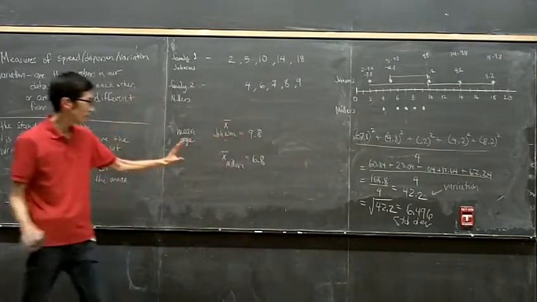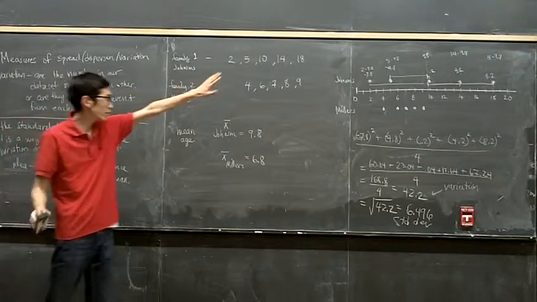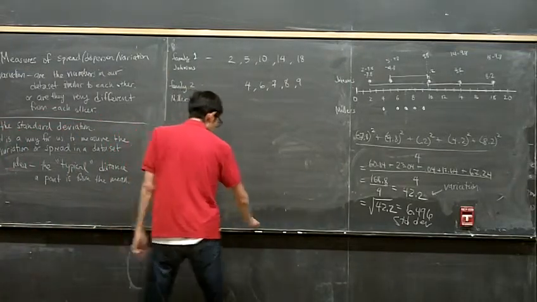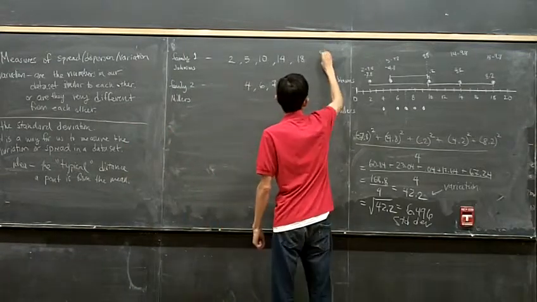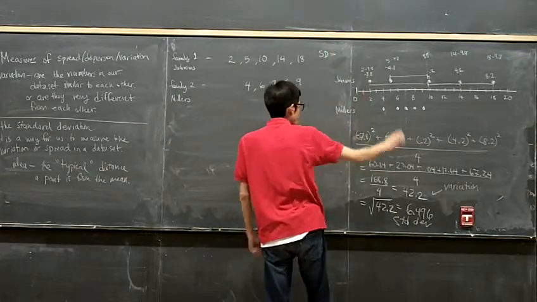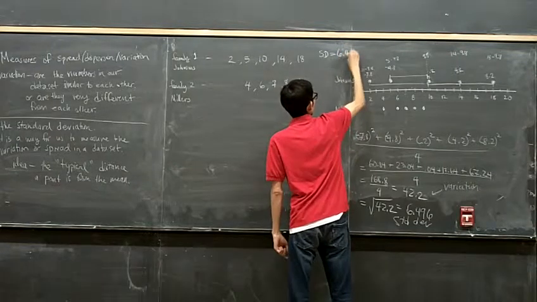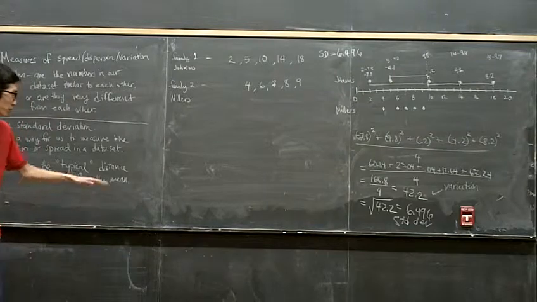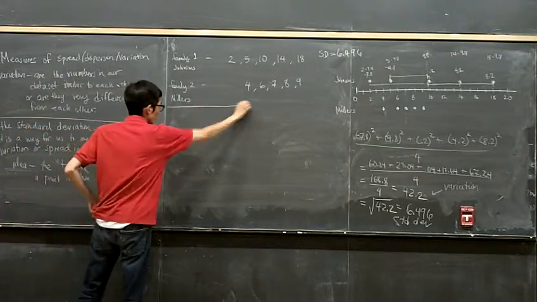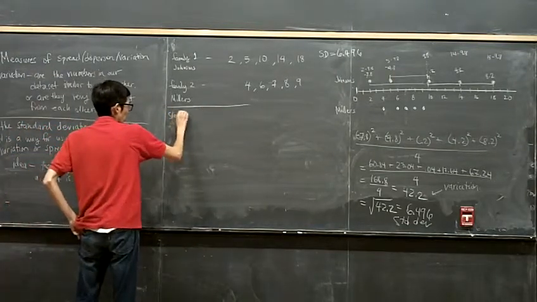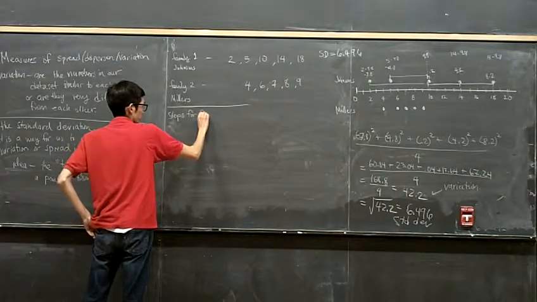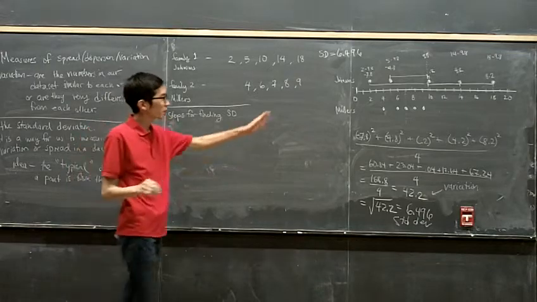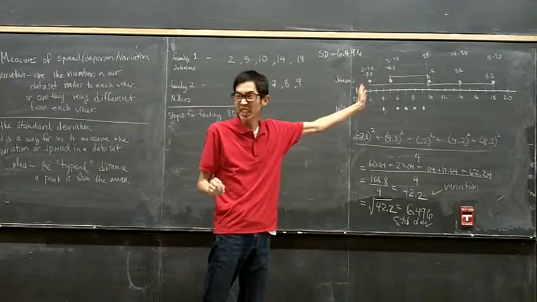Okay, so let me just summarize what we did for the Johnson's ages. The standard deviation of the Johnson family is 6.496. And this is what we did. First, we found the mean age, right?